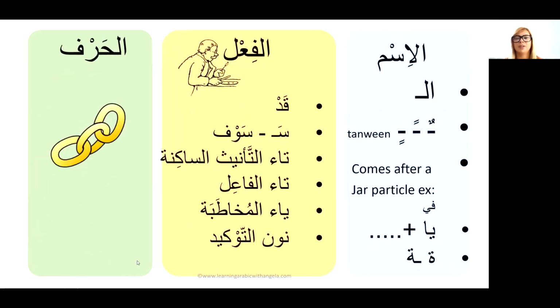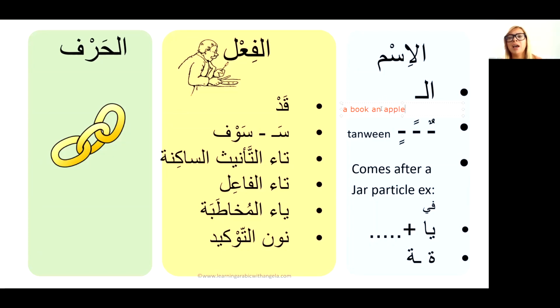So what could tell us something is a noun, is a verb, or a particle? Really easy. Al, the definite article, just as in English you say the book, al-kitab. And just as in English you would say a book in the indefinite case, a book, or an apple when you have a vowel.